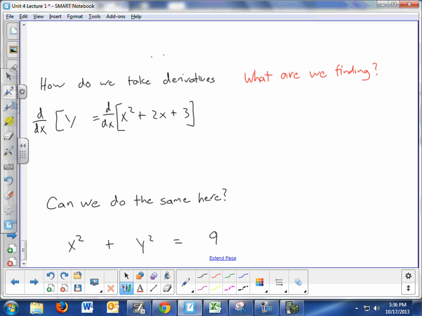And we never show this because we always jump to, okay, 2x plus 2. But the proper steps is take the derivative of the left side, take the derivative of the right side with respect to x.